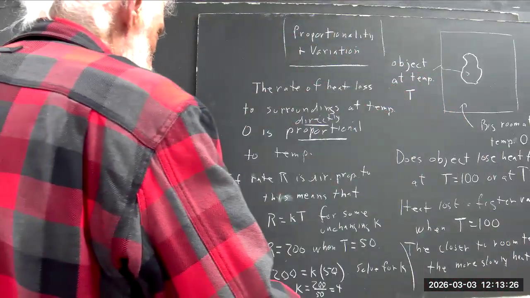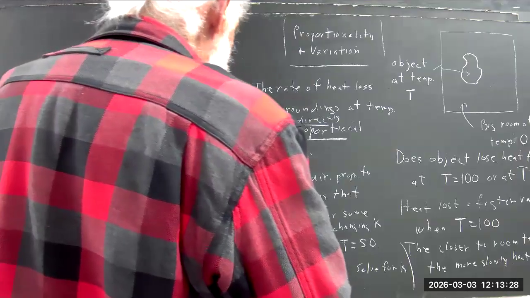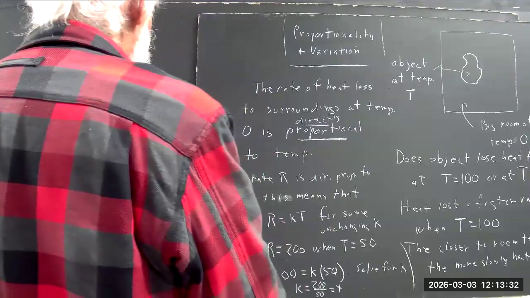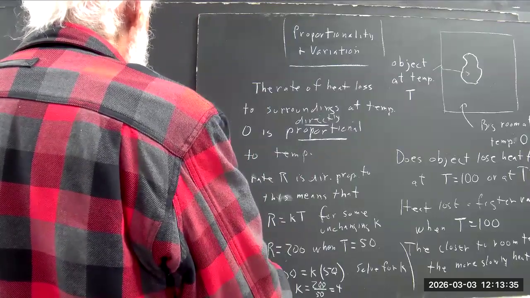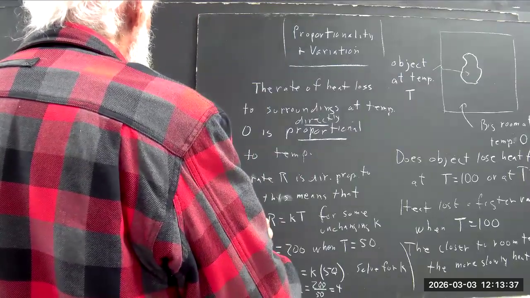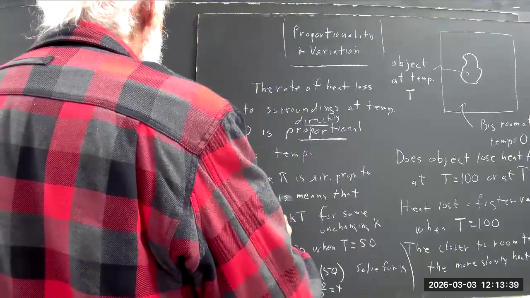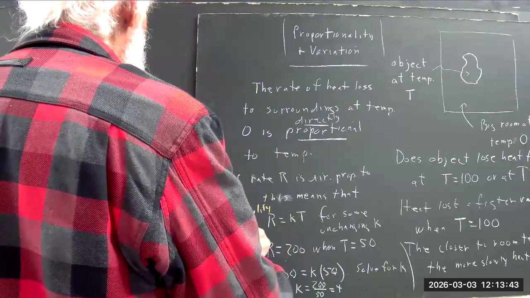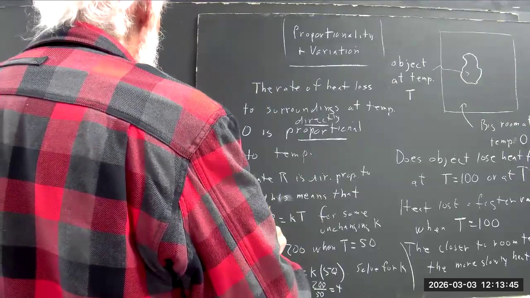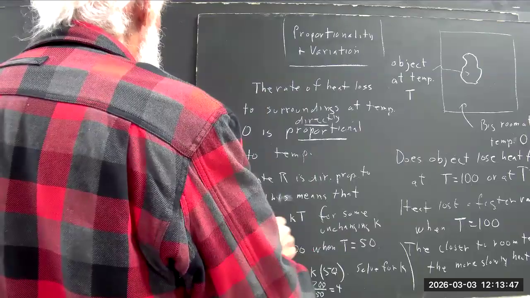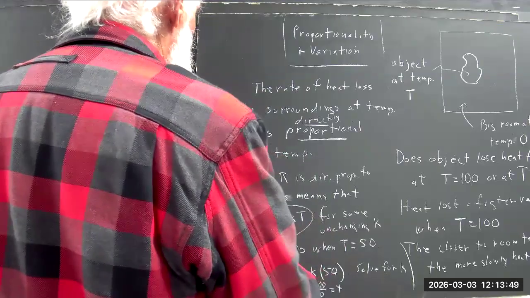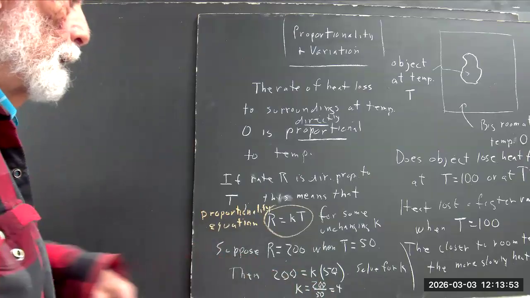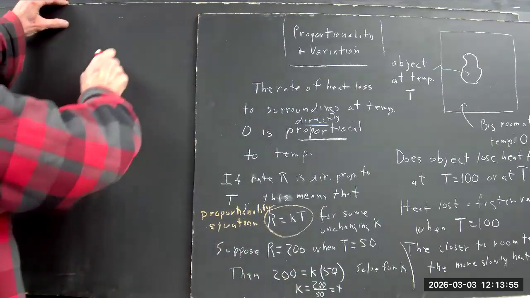Well, having solved for K equals 4, let me use a little bit of terminology here. This equation here is called our proportionality equation. And now that we solve for K, we can write the proportionality equation.